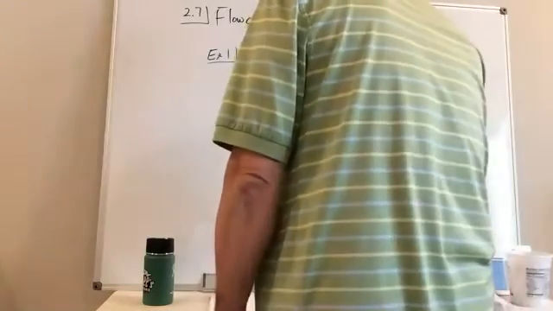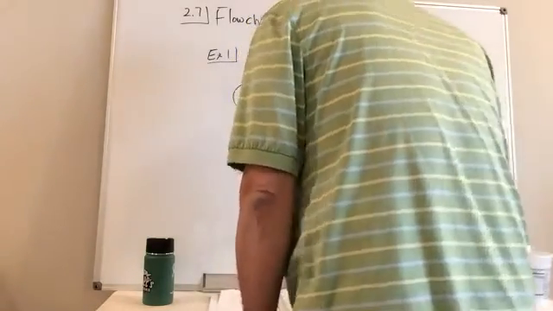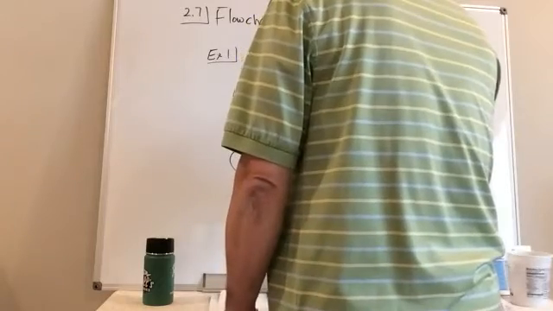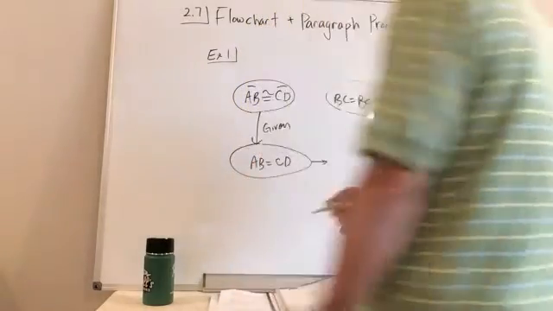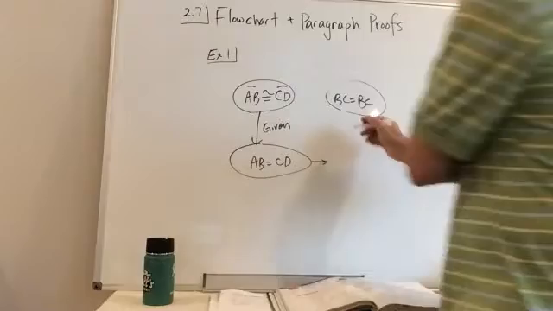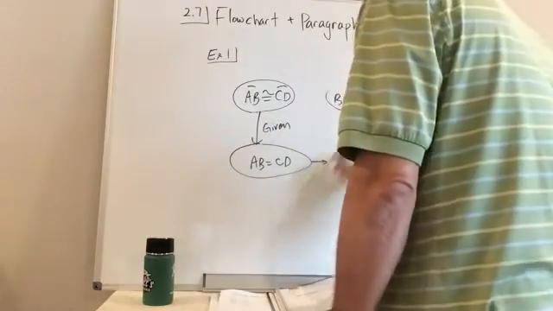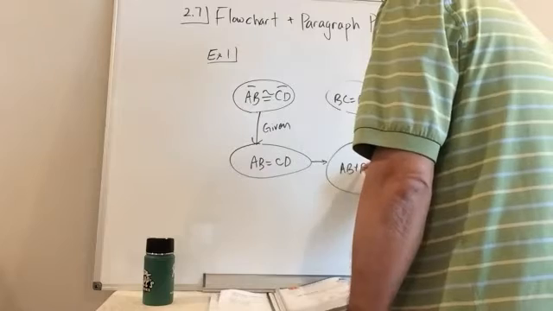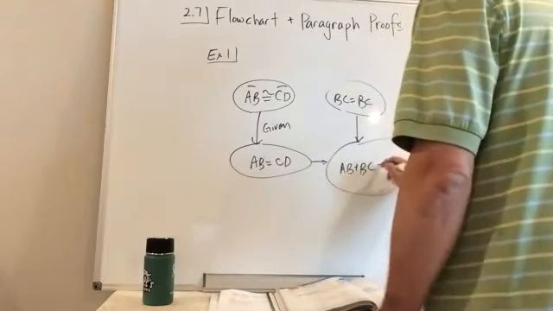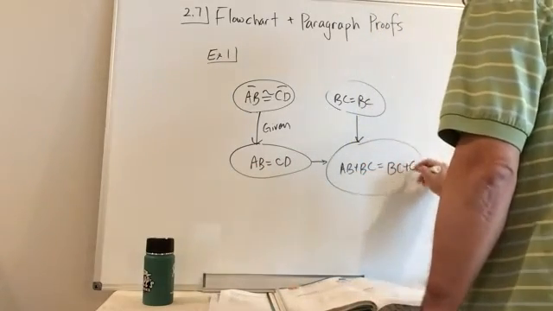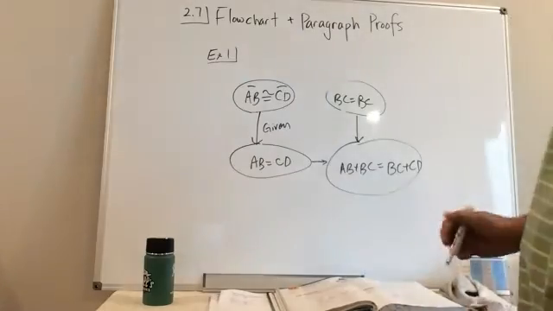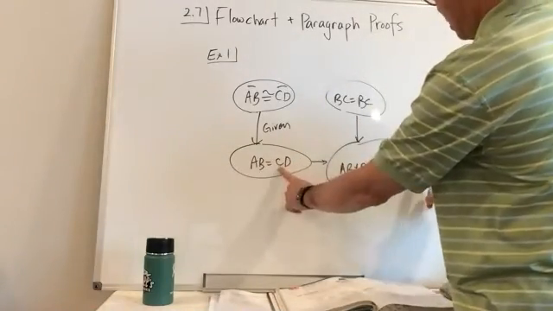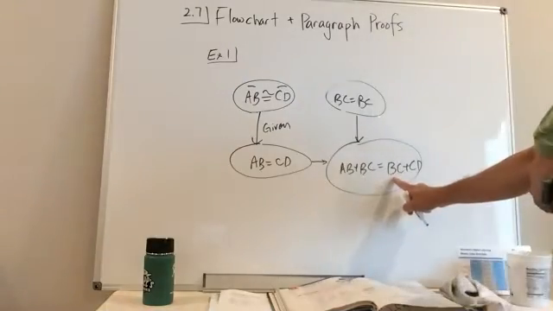Then you go from here to saying BC is equal to BC, which is the reflexive property. But also, this allows us to say I'm going to add BC to both sides: AB plus BC, BC plus CD. So I added a BC here, and a BC here, okay?